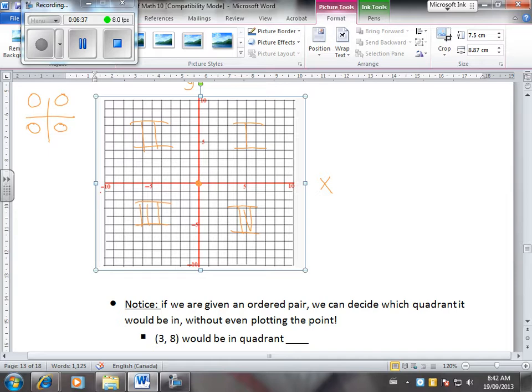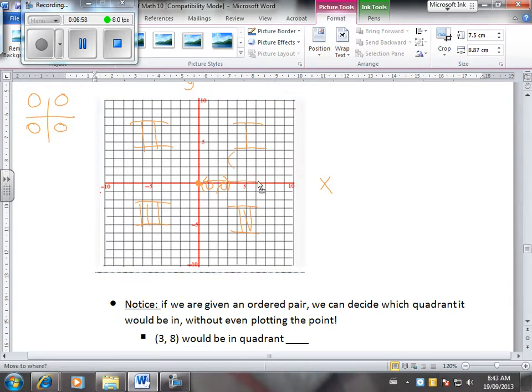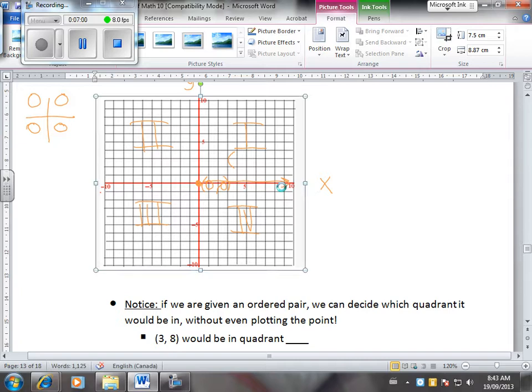So the other thing that we have to look at, we have our origin there, that's 0, 0. The important thing about the quadrants is to think about, if I have a coordinate in a quadrant, what is it going to be in terms of signs? So in quadrant 1, all my x values are what? Positive or negative?